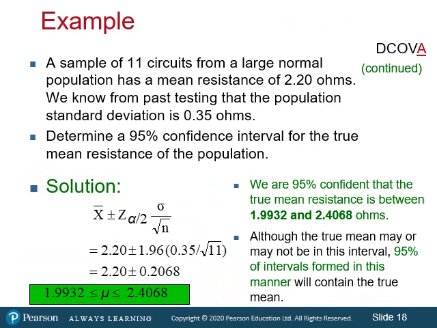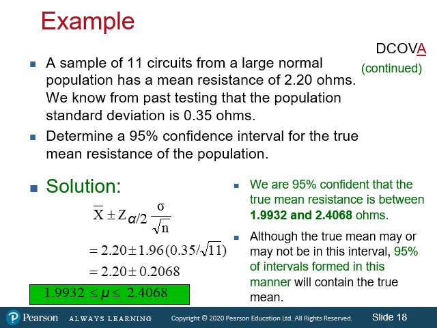Next we'll look at an example. In this example, we have a sample of 11 circuits from a large normal population. It has a mean resistance of 2.20 ohms. We know from past testing that the population standard deviation is 0.35 ohms. Determine a 95% confidence interval for the true mean resistance of the population.